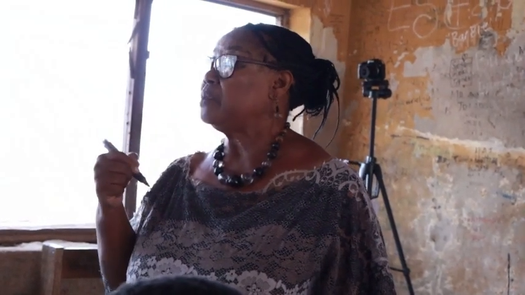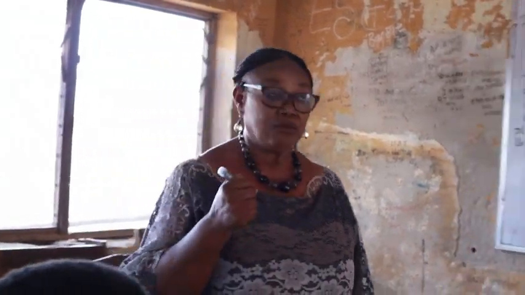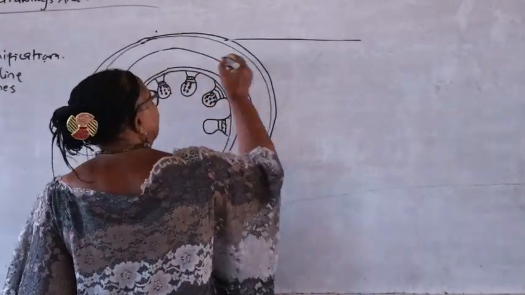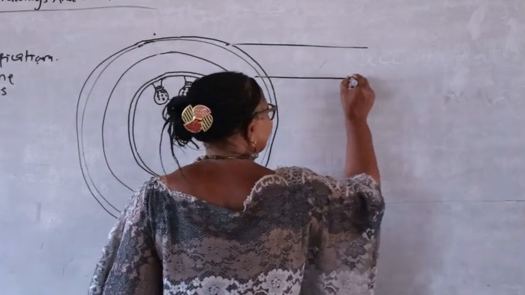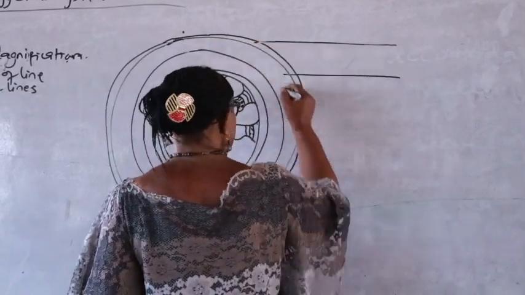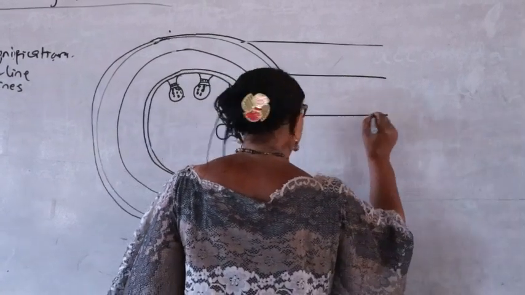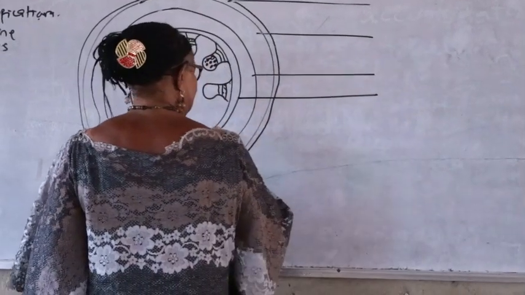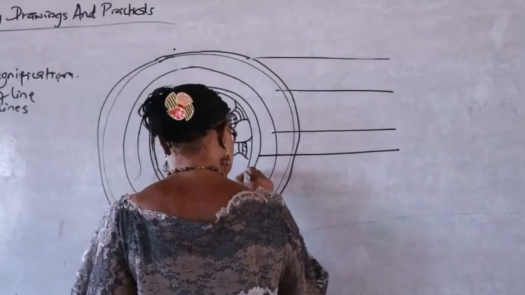If you don't use a ruler, no matter how straight you feel it is, we will know, and you will lose your mark. Then we'll have this. There's supposed to be 2 lines here.